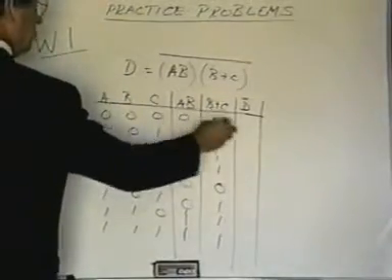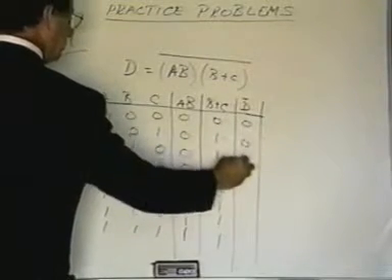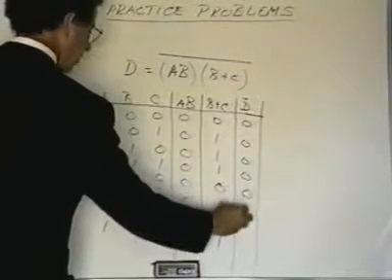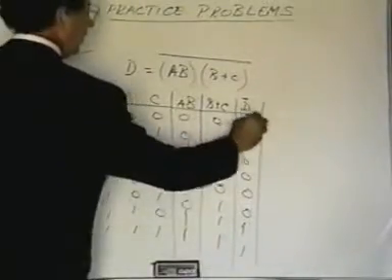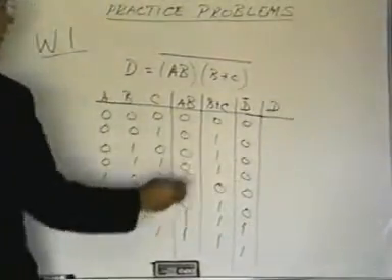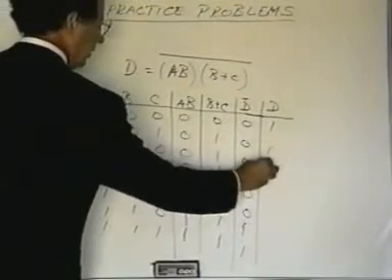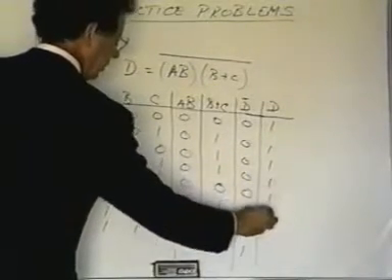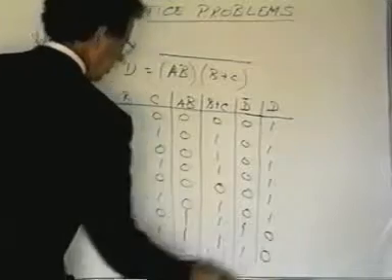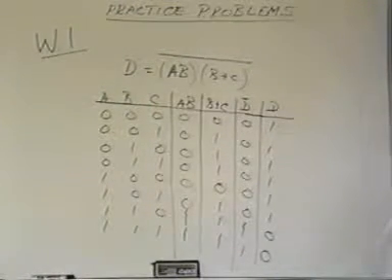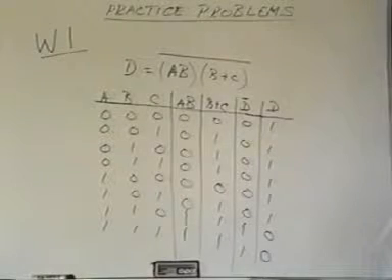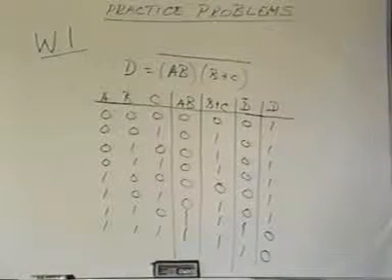So if we just AND these 2 columns, I get 0, 0, 0, 0, 0, 0, 1, and 1. Then when I take the inverse of this, D would give me 1, 1, 1, 1, 1, 1, 0, and 0. And that would be the truth table, and that's the solution to problem number 1.